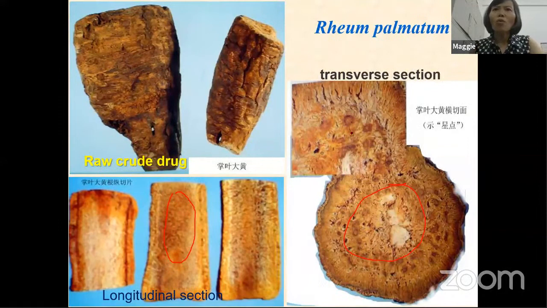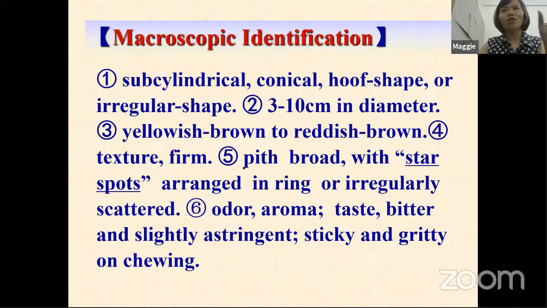So where are the star spots? Here are the star spots. They are arranged in rings or irregularly. So in the piece, there are so many star spots. The piece is broad. So these are transverse sections.